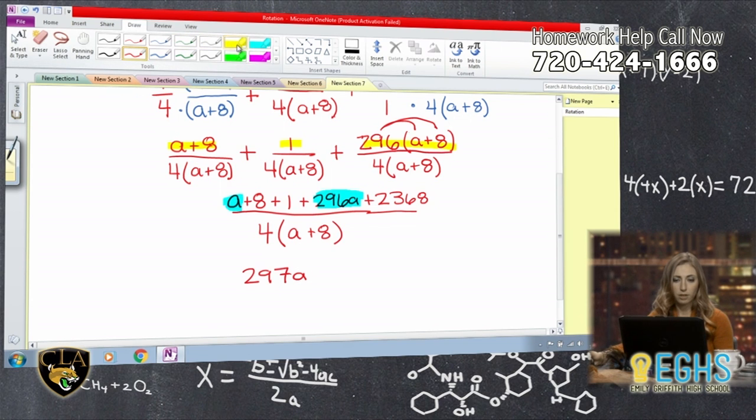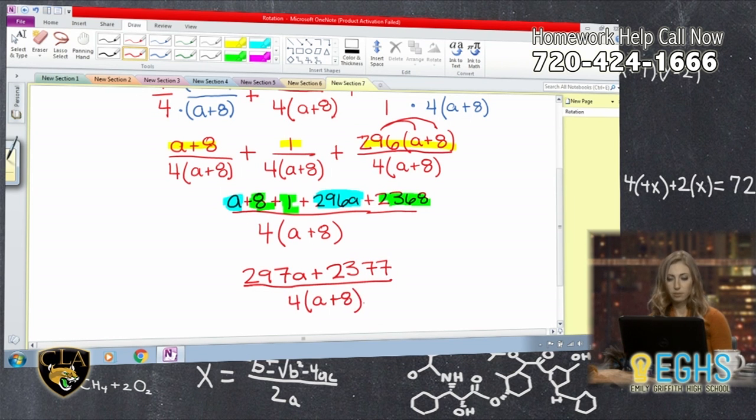And then our other like terms, we have 8 and 1 and 2,368. So we have 9 plus 2,368, which gives us 2,377. And that's going to be all over 4 times a plus 8.